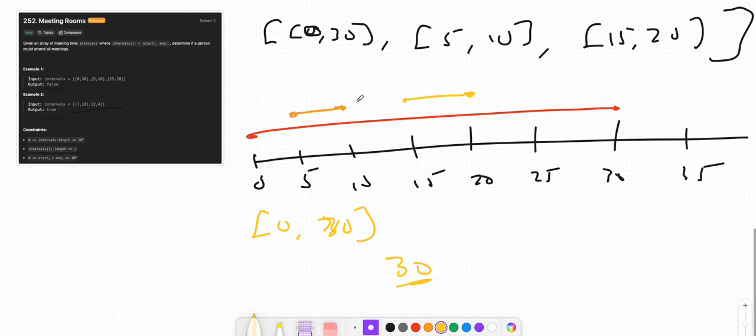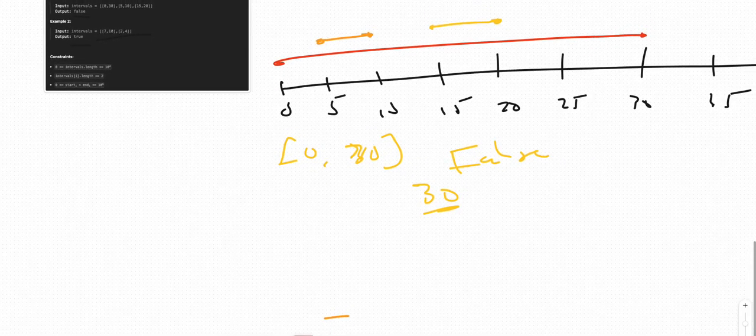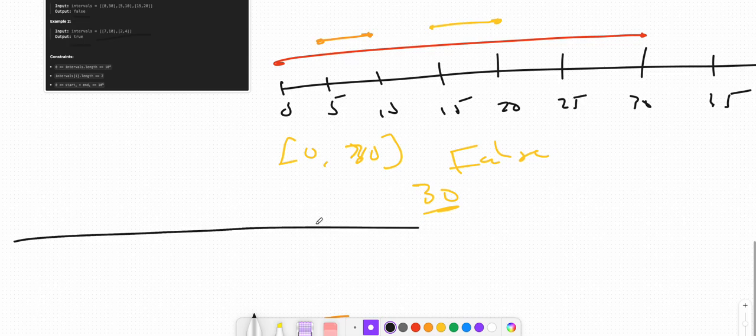But we have 0 to 30, and the next meeting starts from 5, which means we cannot attend this meeting. The upcoming meeting also starts from 15. We can't attend that either. So it's just false. We can't, right?